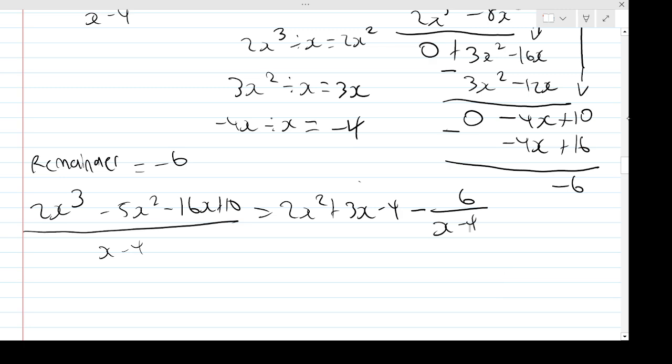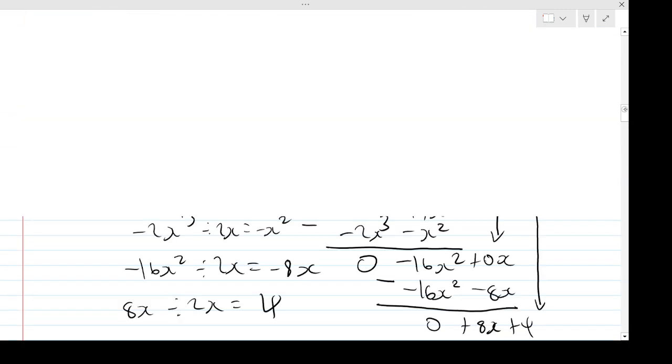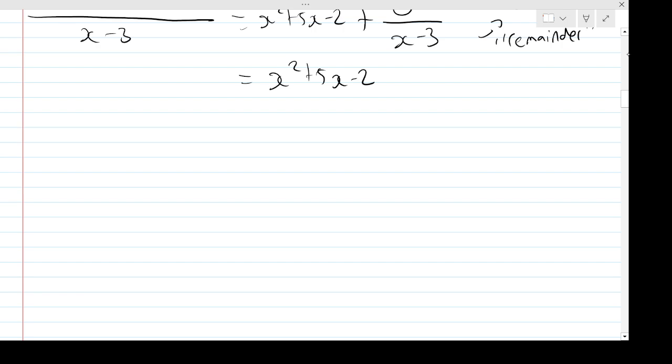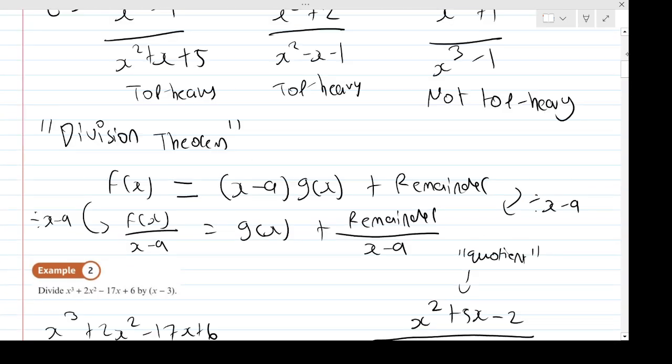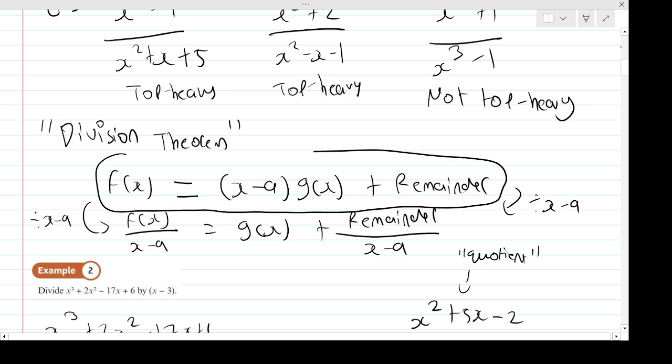But yeah, if you go back to what we talked about at the start, about this whole division theorem, of how we express a function or polynomial f of x in this way, where we have this linear part x minus a times another polynomial g of x.